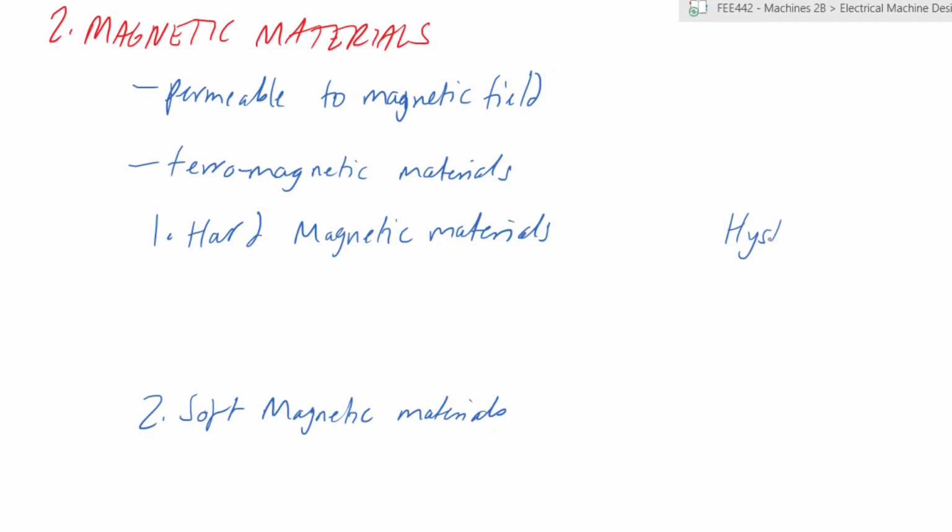And this is referred to as the hysteresis that the materials exhibit. So hard magnetic materials have a large hysteresis. That is, it takes a lot of energy to set up a magnetic field within these kinds of materials. However, once those materials have been magnetized, it will take a lot of energy also to demagnetize them.